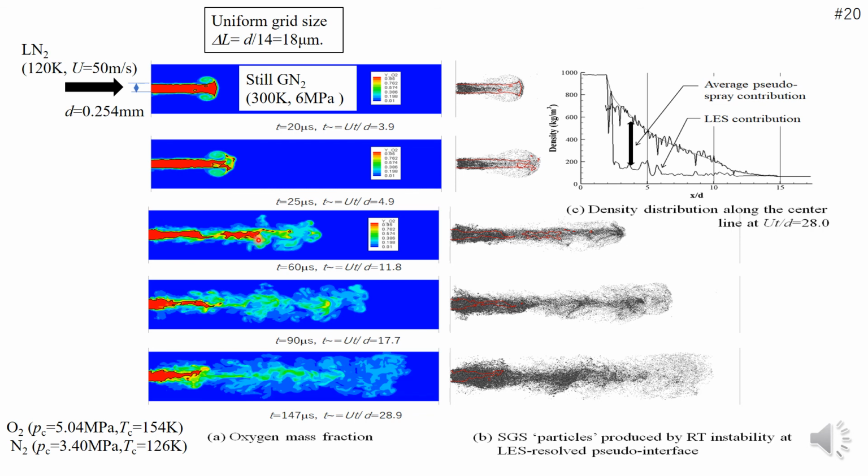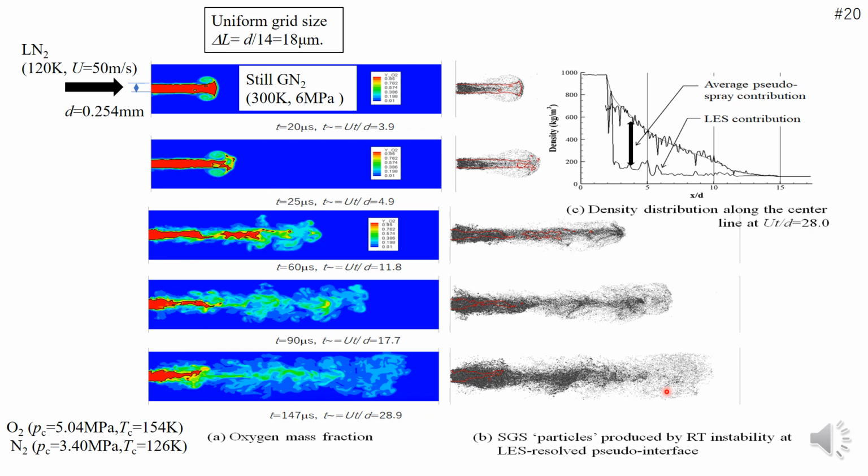In fact, the calculated instantaneous density distribution along the center line clearly shows this. Note that the oxygen concentration distribution is not axisymmetric and steady. Unlike the pseudospray present within the intact lengths, the pseudospray present downstream of the intact length is produced from the upstream pseudo-interface at an early time.